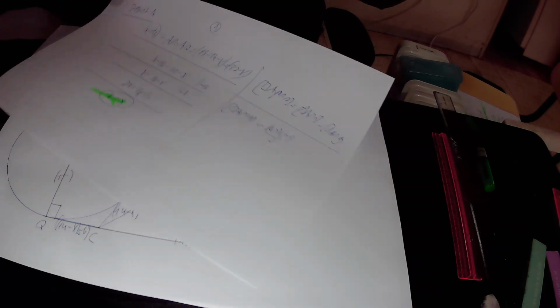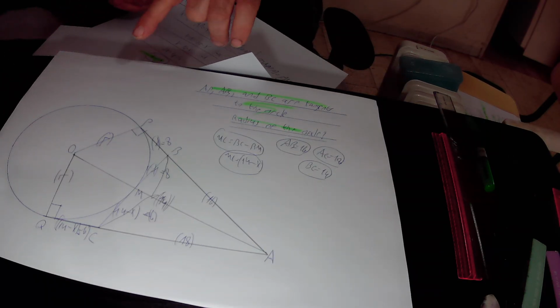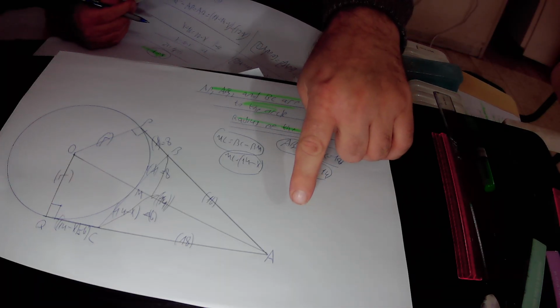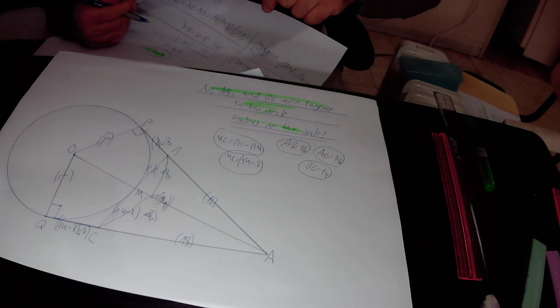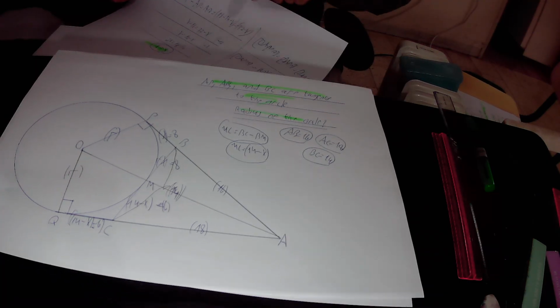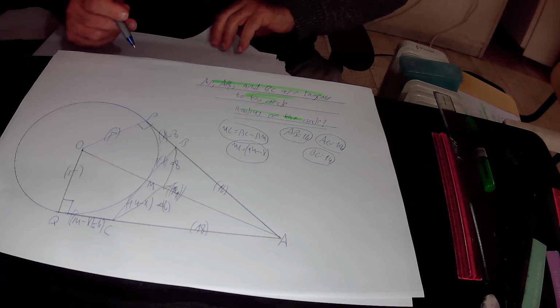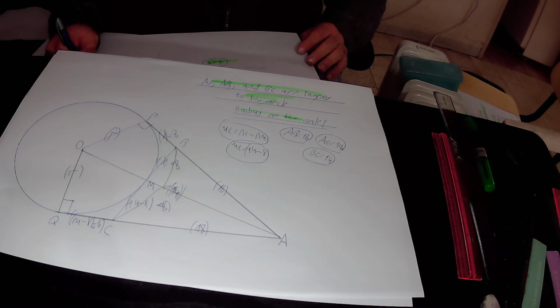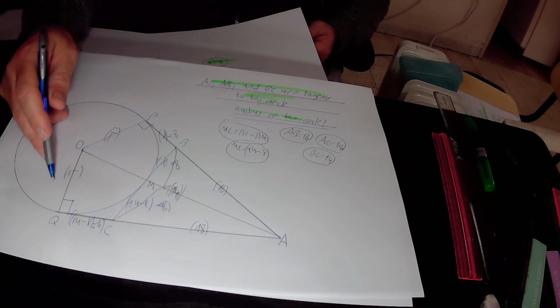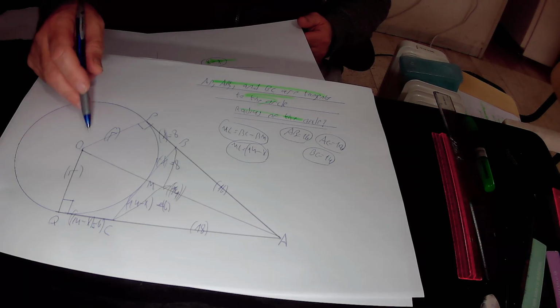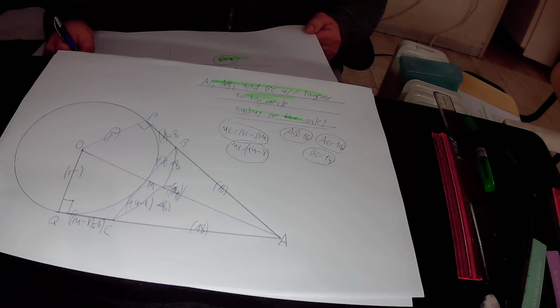Plus the area of the second component that quadrilateral APOQ consists of, which is the area of the lower right triangle AOQ. The area of the lower right triangle AOQ equals the base AQ times the height to the base, that is QO, because it creates 90 degrees with the base, over 2.